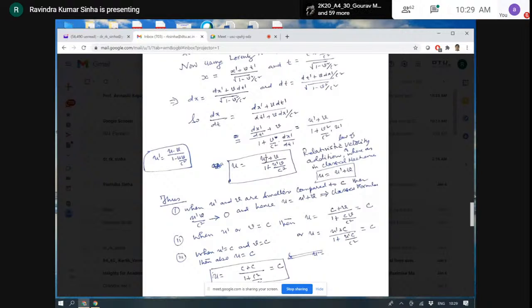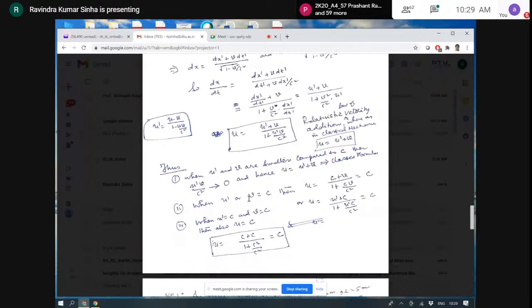But actually it is not. When you substitute u dash as c and v as c, you will find that u is equal to c. You will be recording the velocity as c only, not 2c.